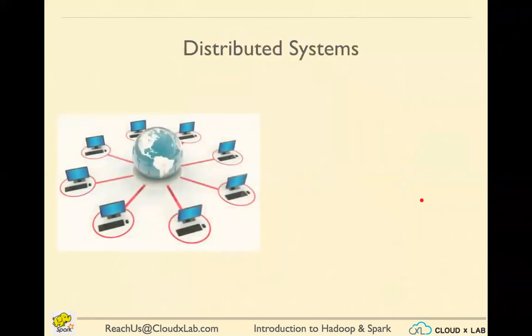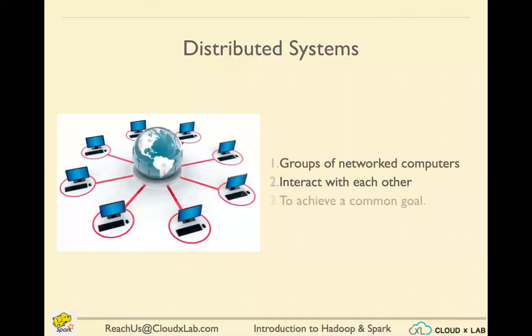Now, before we proceed, the other term that will keep coming is distributed systems. What are distributed systems? Distributed systems are basically groups of networked computers that interact with each other to achieve a common goal.